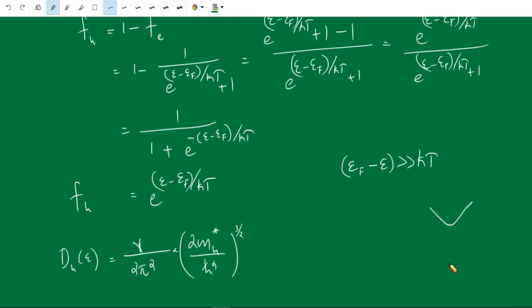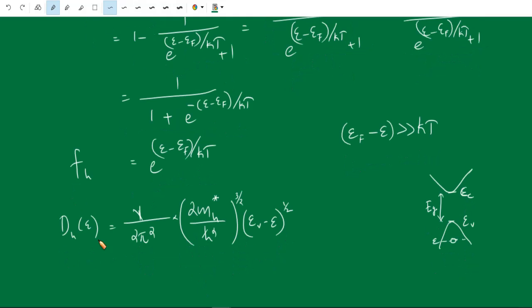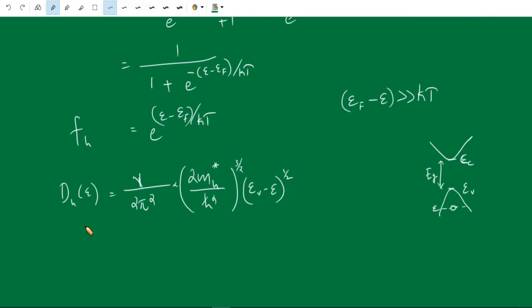This is the conduction band, this is the valence band, and this is the valence band edge Ev, this is the conduction band edge Ec, and this difference is the band gap energy Eg. Here a hole is present at a given energy E. So the kinetic energy is given by Ev minus E, so (Ev minus E) raised to half. So this is the density of states of holes.